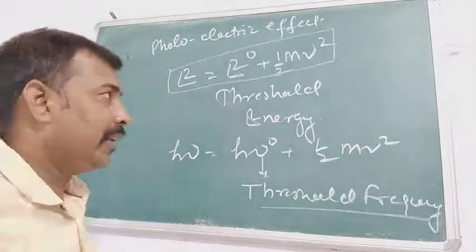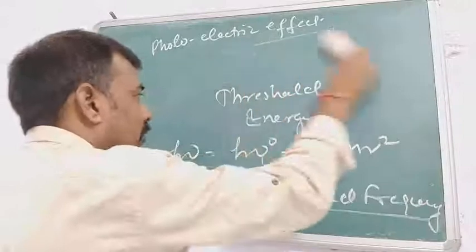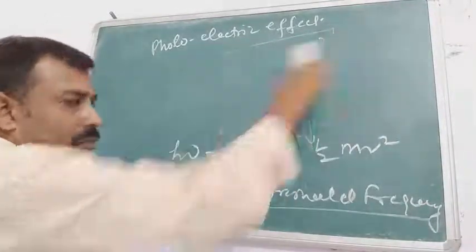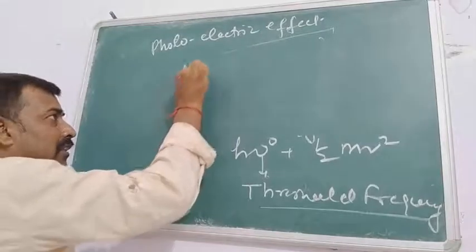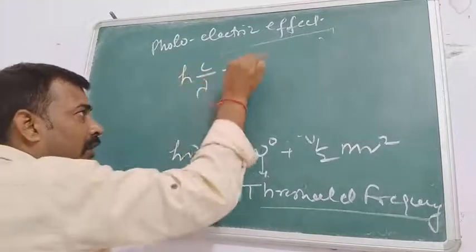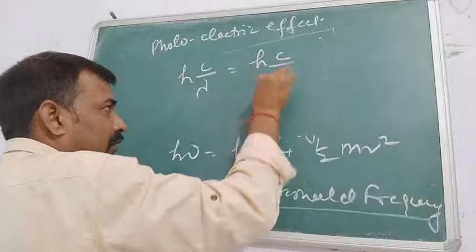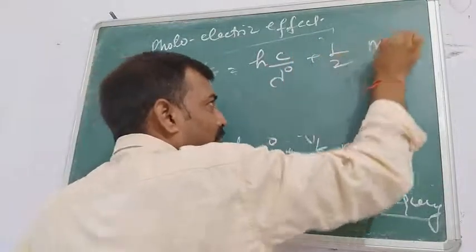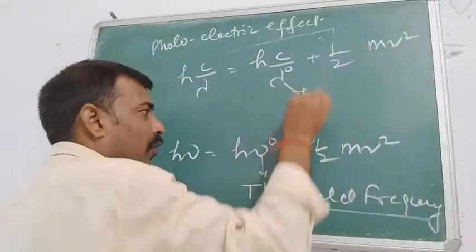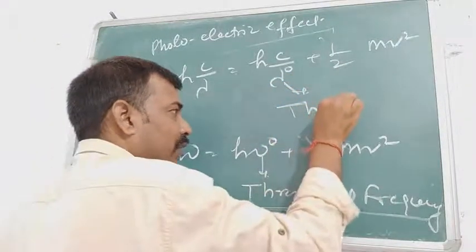Or you can write it in the form of the wavelength. So it will be h c by lambda equal to h c by lambda naught plus half mv square, where lambda naught is threshold wavelength.